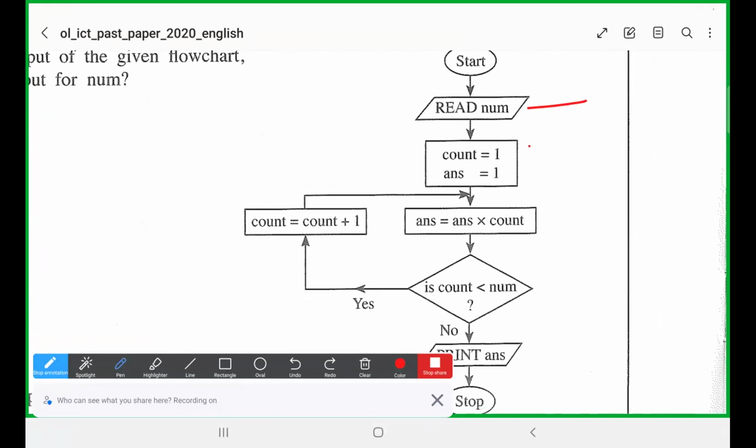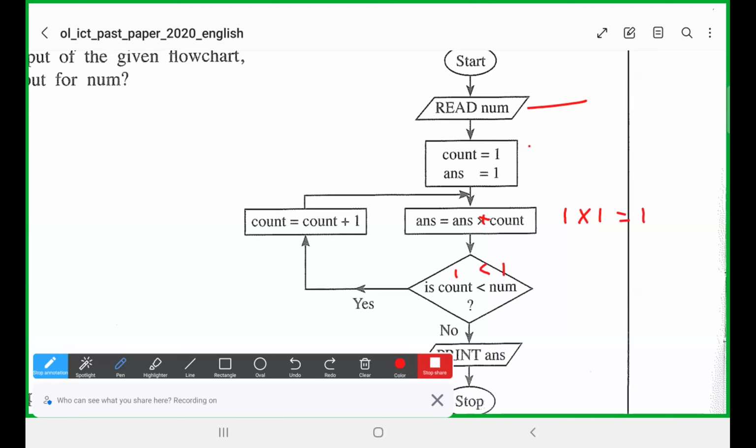Answer equal answer into count. Now you know answer is 1 into, normally you have to use the asterisk mark, you can't write x, 1 into 1. It's 1. And then it asks, count less than num.